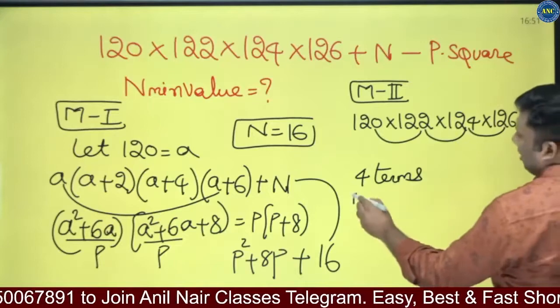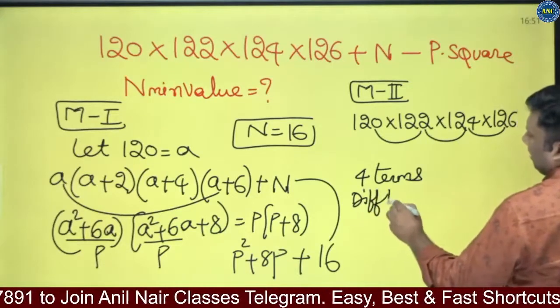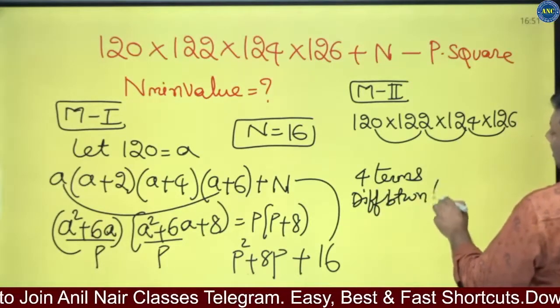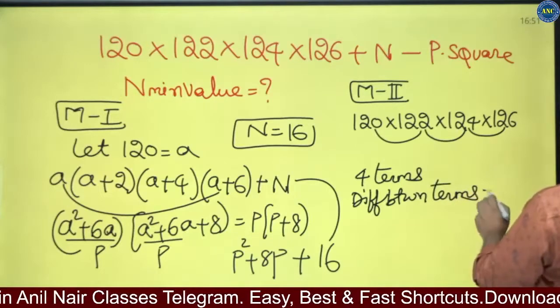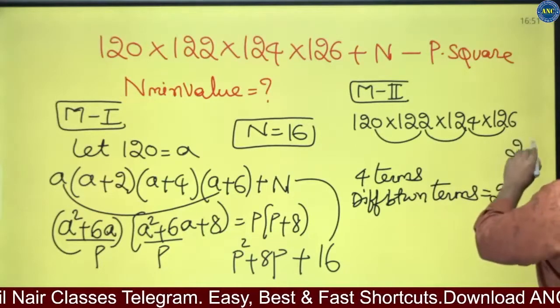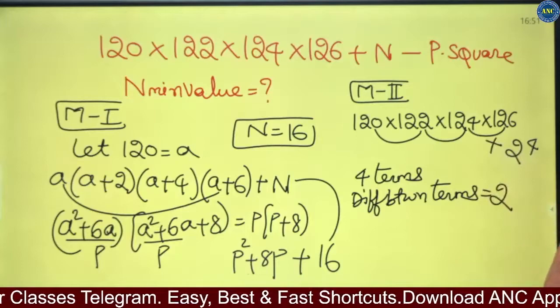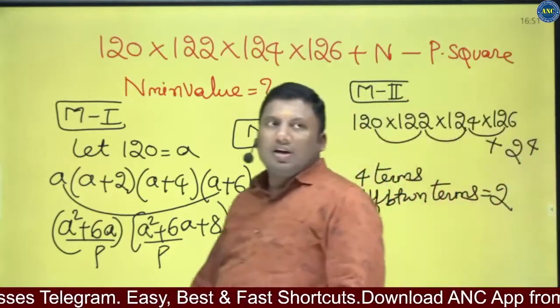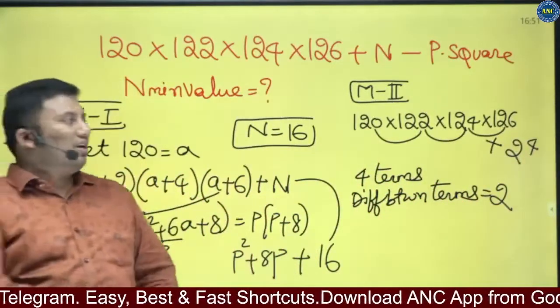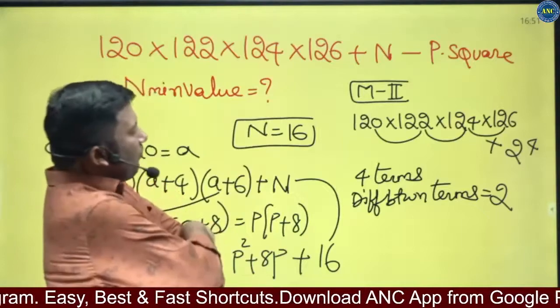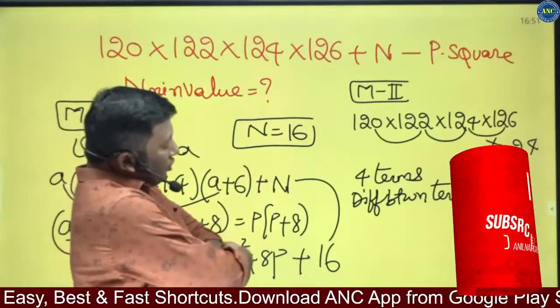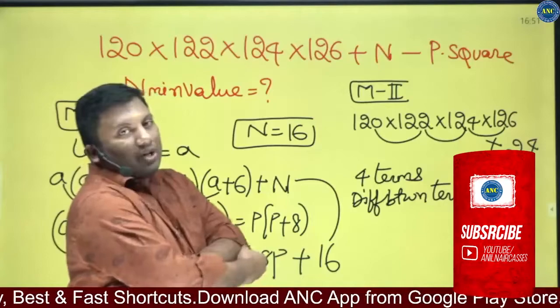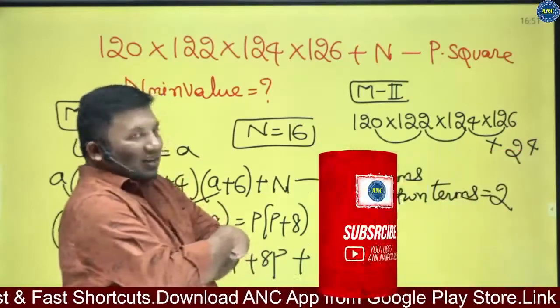It is 2. I am least interested in telling it like this. There is a formula: 2 power 4, that is 16, will give you a perfect square. The difference between the terms is 2, number of terms are 4. So if I add 2 power 4, I will get the answer.